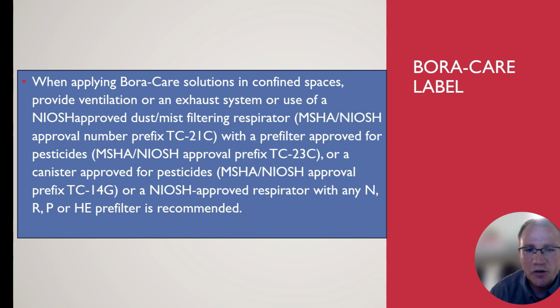It needs a pre-filter approved for pesticide. This would be MSHA-NIOSH approval prefix TC-23C or a canister approved for pesticides, MSHA-NIOSH approval prefix TC-14G, or a NIOSH approved respirator with any NR, P or HE pre-filters recommended.